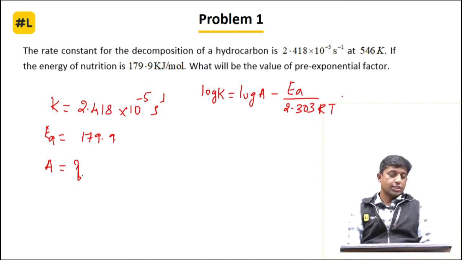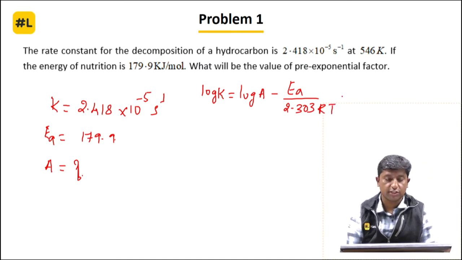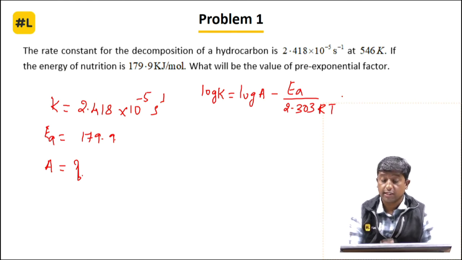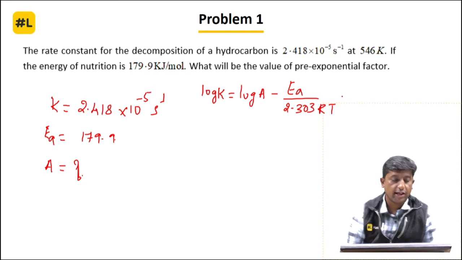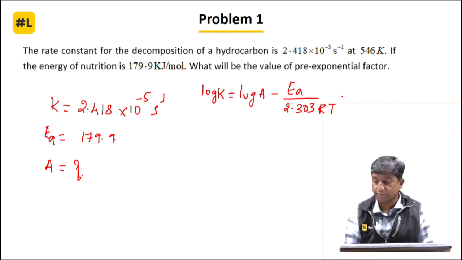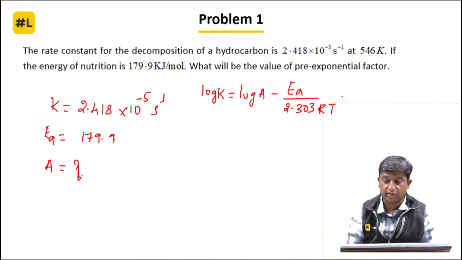You can see the data they have given: the value of k, the value of EA, R is the gas constant 8.314, and temperature also.